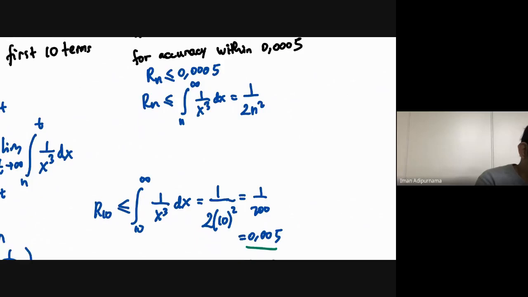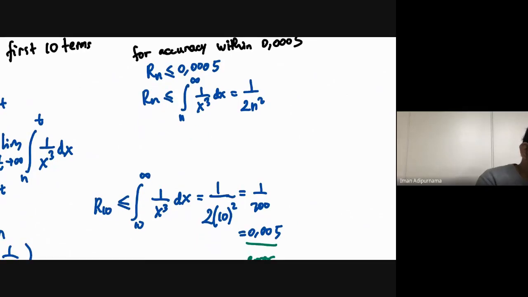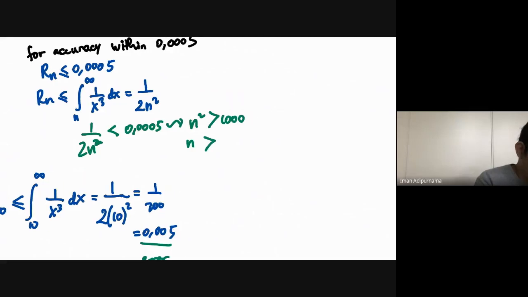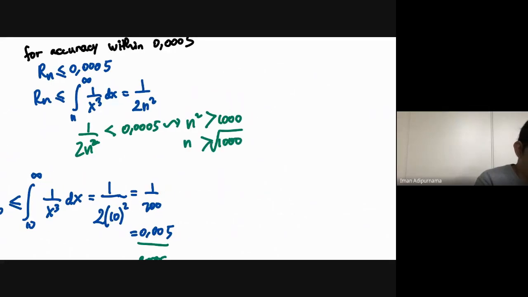Same formula, so we can write down 1 over 2n squared. Now it should be less than 0.0005. And we get n squared should be greater than, and it's around 31.6, or 32 terms.